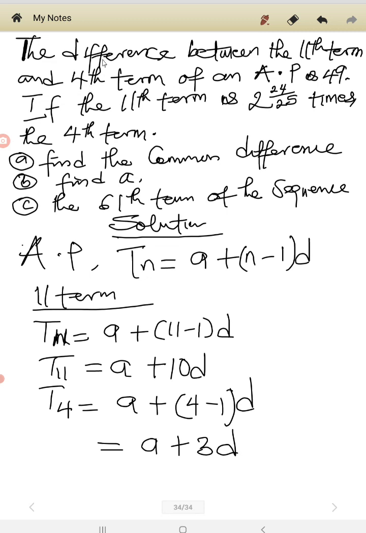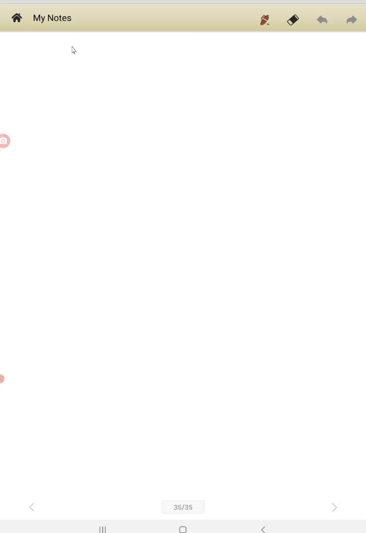But the question says that the difference between the 11th term and the 4th term of an AP is 49. So you will now say that T11 minus T4 is equal to 49.